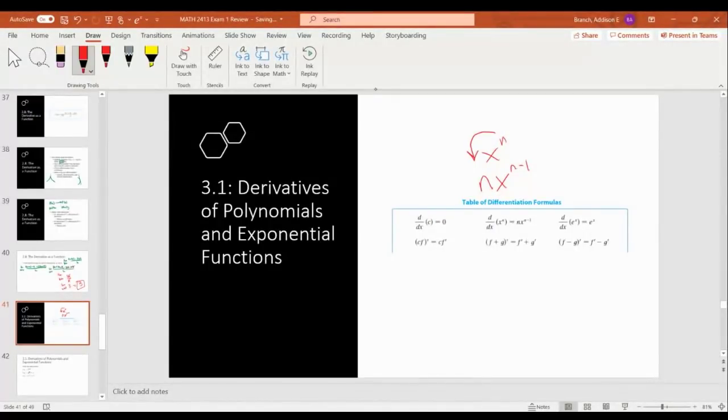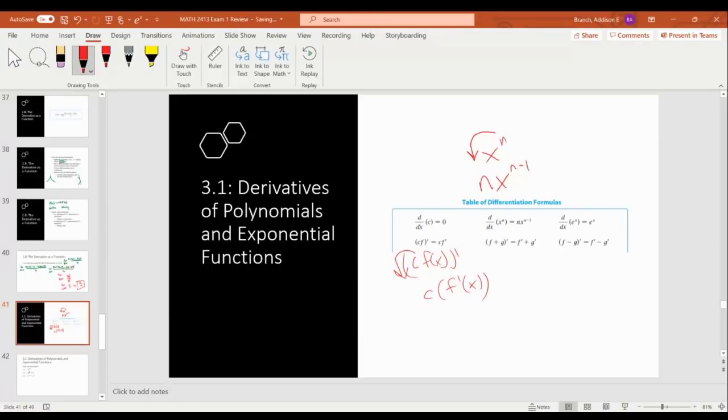We also learned that if we have a constant times a function, and they're wanting us to take the derivative of the full thing, we can just pull the constant out in front. And we also learned that if we're taking the sum or difference of two functions, when we're taking the derivative, we can split them up and treat them as two separate derivatives.